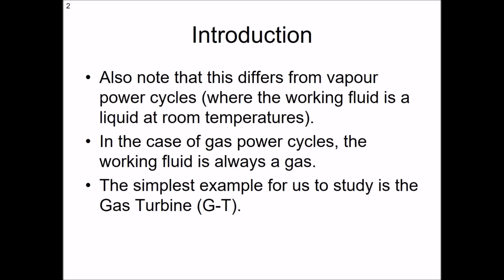So the best example for us to study is the gas turbine. I think the best example for us to theoretically cover first is a jet engine, because we are more likely to have experience of a jet engine than of static power generating systems. And what I'll do is I'll introduce static power generating systems as we go through this lecture. But the first thing we're going to do is look at jet engines, propulsive jet engines, because you should have some experience of those.